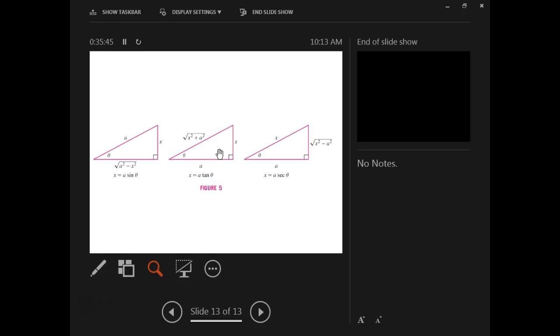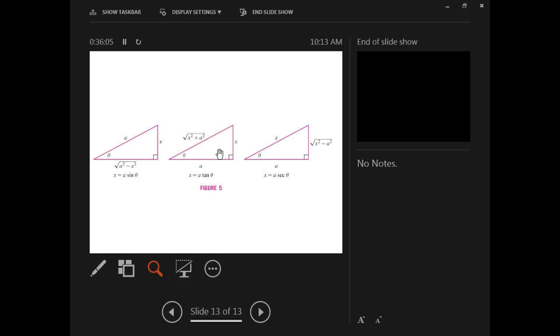If you use x equal a tangent theta, that's your a, tangent will be x over a. If that's your x, that's your a, this becomes the square root of x squared minus a squared. If this is your x, that's your a, this is the square root of x squared plus a squared.